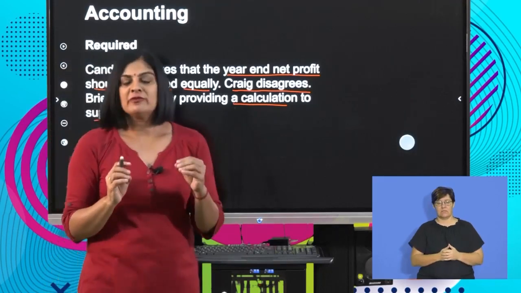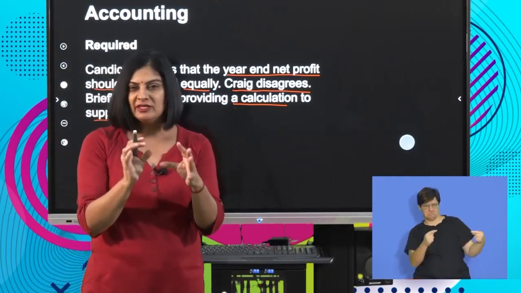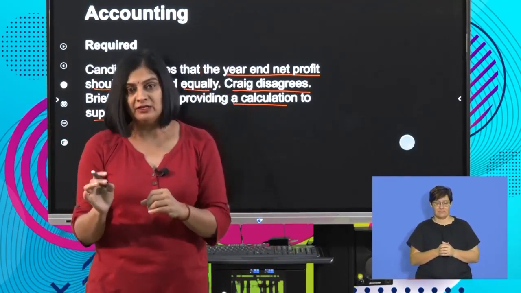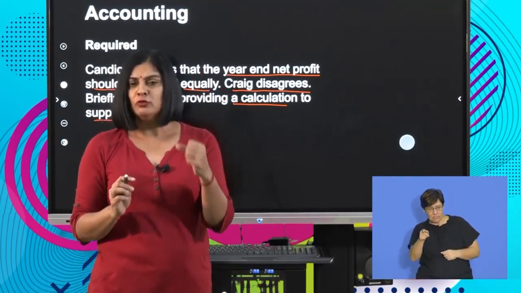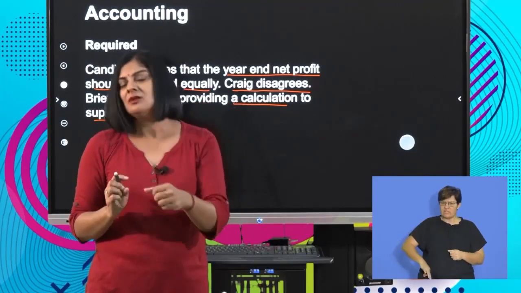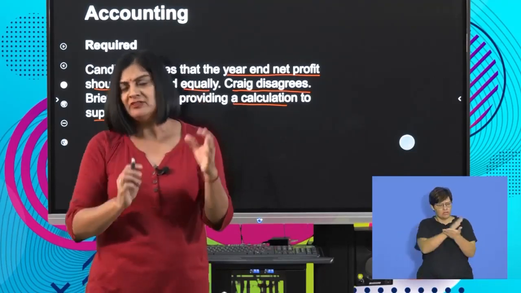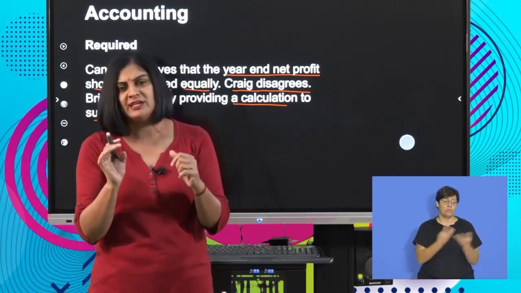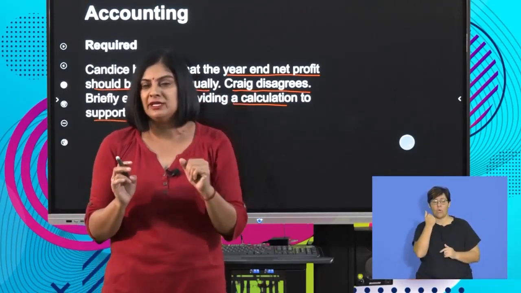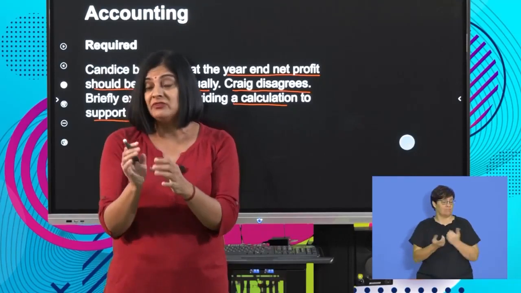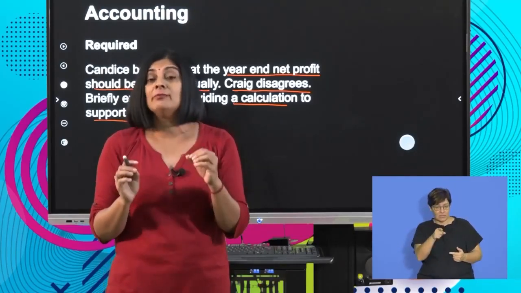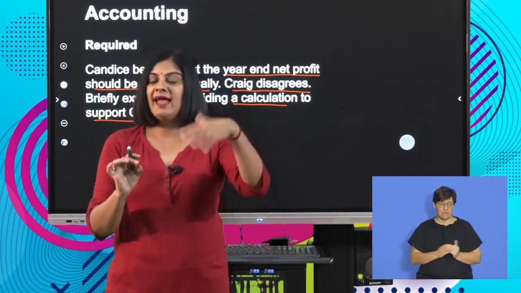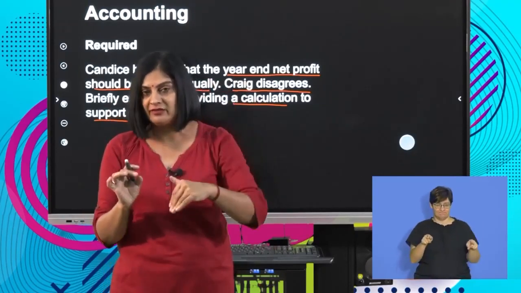So we've got some kind of disagreement taking place between Candace and Craig. Candace believes that the net profit that is calculated at the end of the year must be shared equally between herself and Craig. Remember, we don't have much detail. We don't even know when the end of the year is.